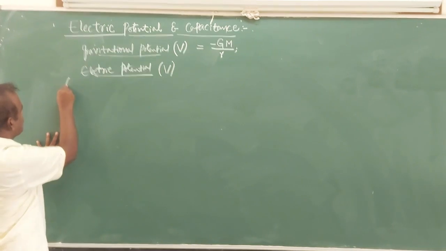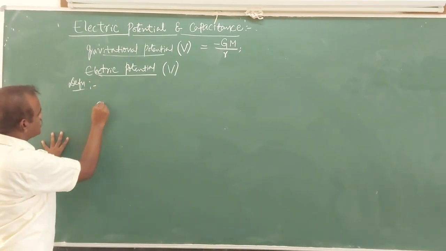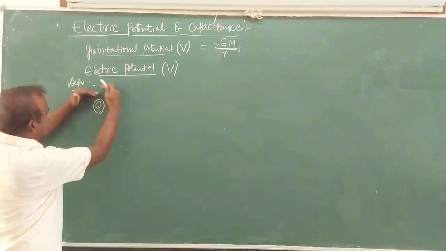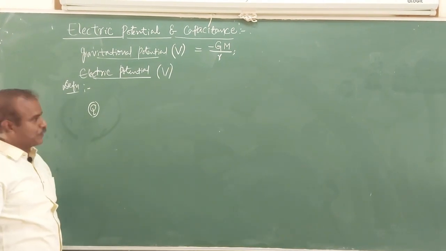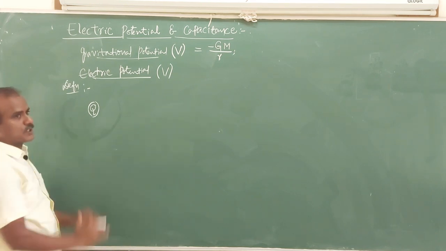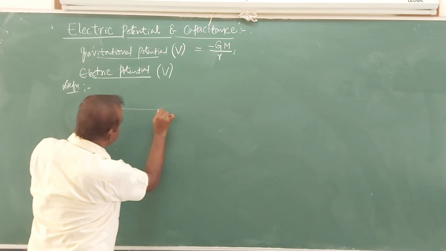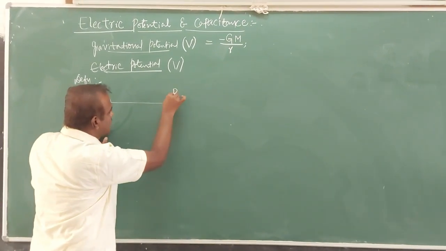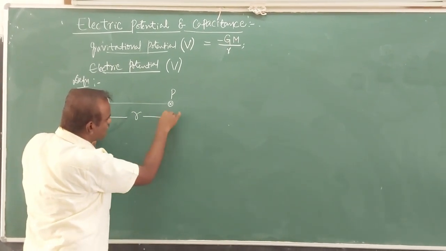To understand the definition of electric potential, let us consider a positive charge Q placed in free space, that is air or vacuum, and we can find the electric potential of this charge at any point surrounding it. Let us find the electric potential at this point B, at distance r from the charge.